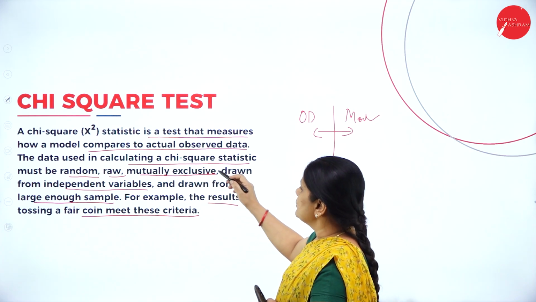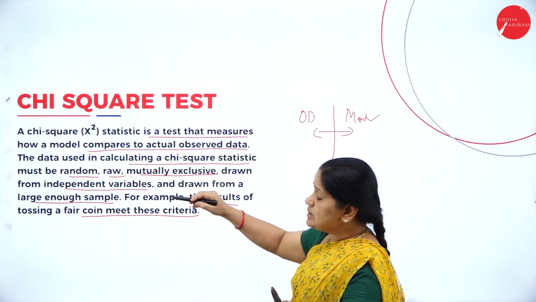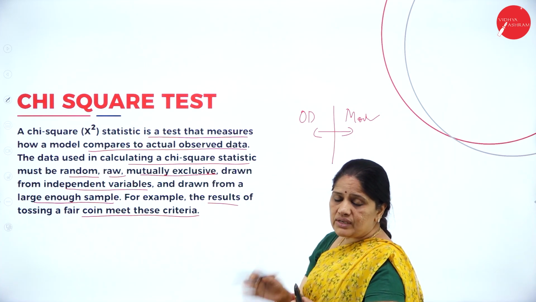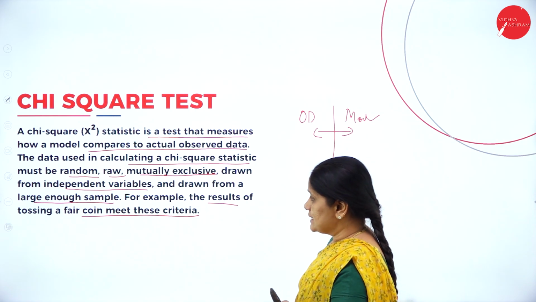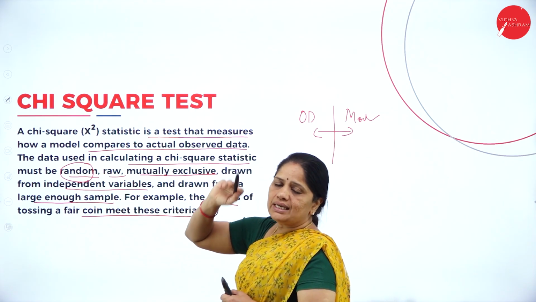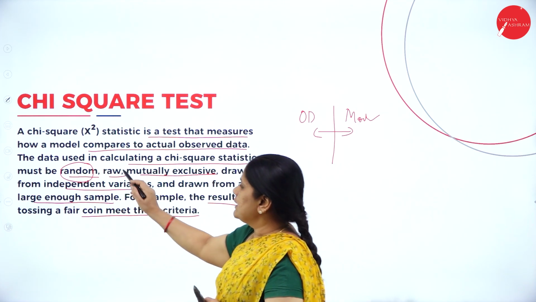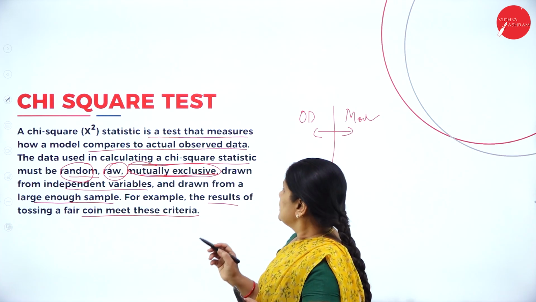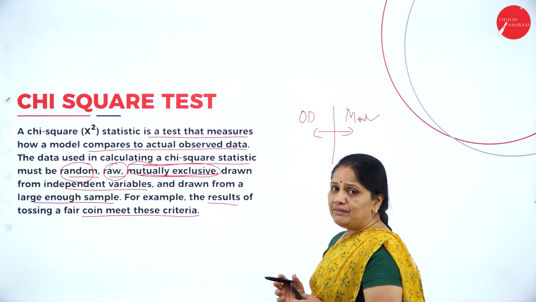So whatever data you are using for the chi-square statistic must be collected at random, it should be raw and mutually exclusive, and drawn from independent variables.